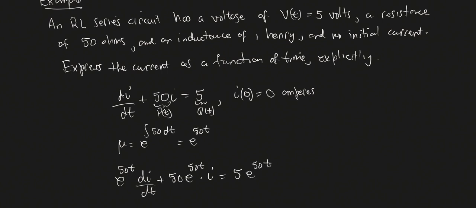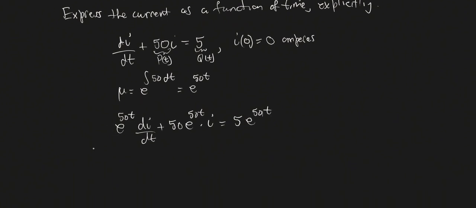When we look at the left-hand side, we see the pattern for reversing the product rule, because if this is my f, then this is f prime, and if this is g, then this is g prime. So the left-hand side is the derivative with respect to t of e to the 50t times our unknown, in this case, current.